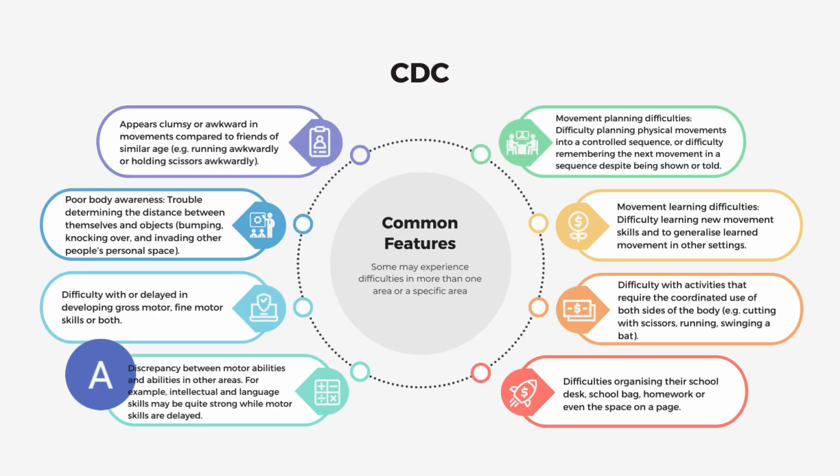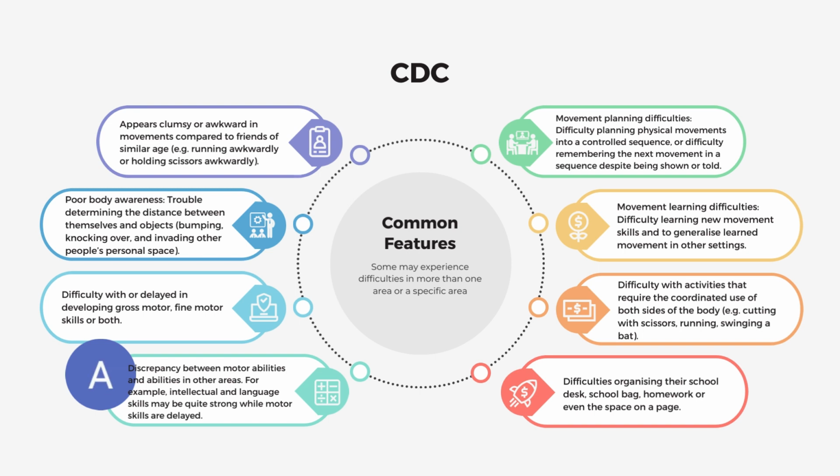So how would I know if my child has DCD? Some of the common features of developmental coordination disorder are that they might experience difficulty in more than one motor coordination area, or they might have difficulty in one specific motor coordination area.